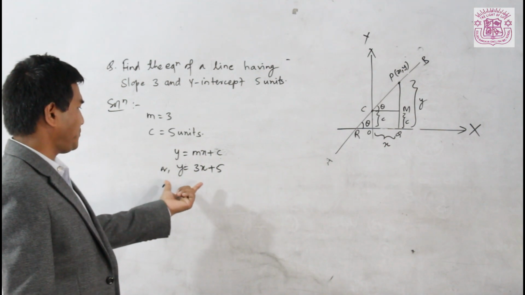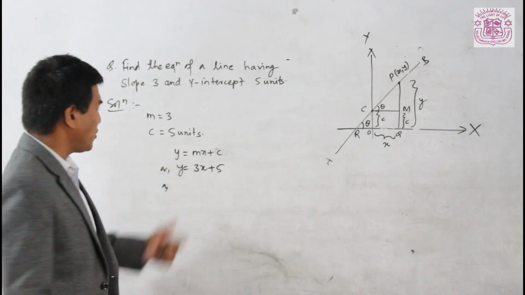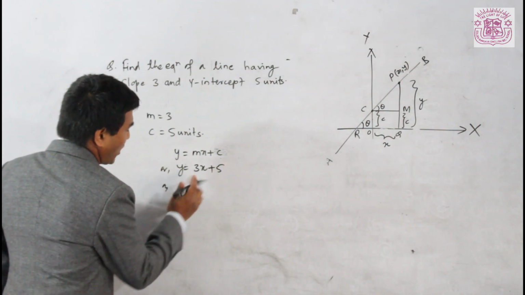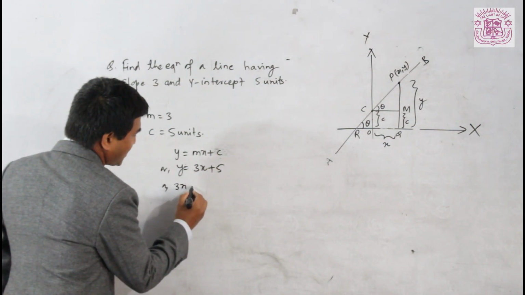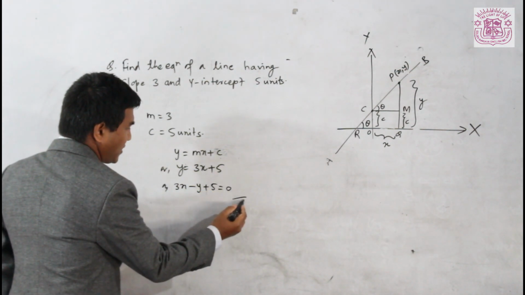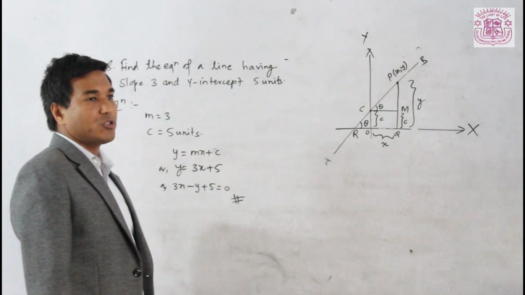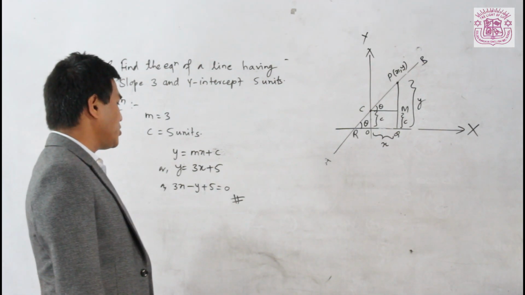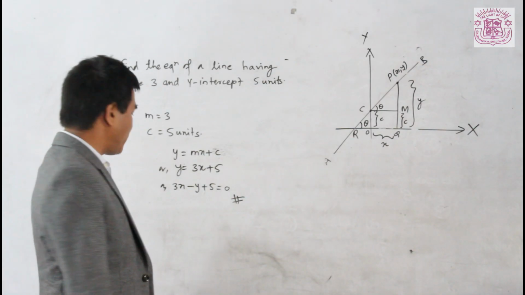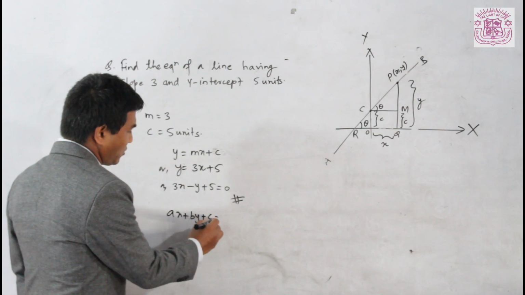More formally, or in standard form, you can put this y over here, and you will get 3x minus y plus 5 equals 0. So this is the final equation of a line. Basically the equation of a line is written in standard form, that is in the form ax plus by plus c equals 0.